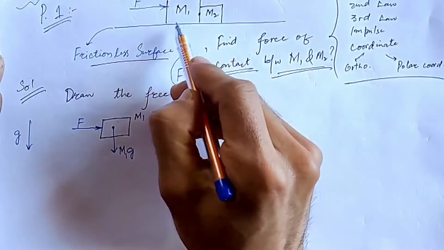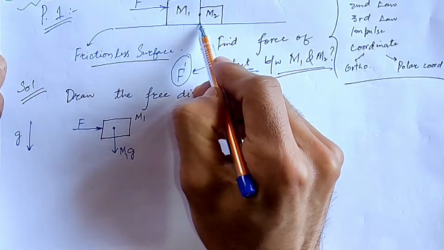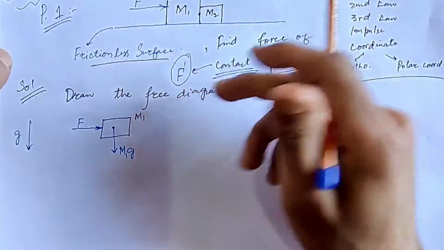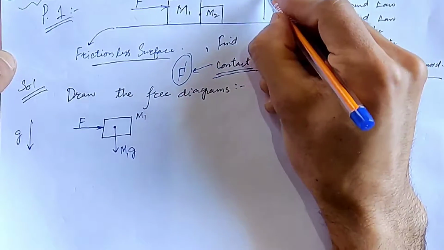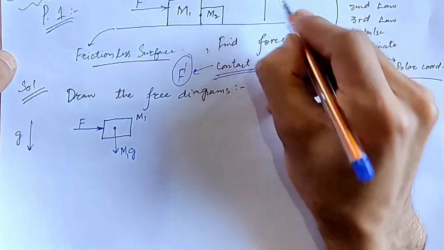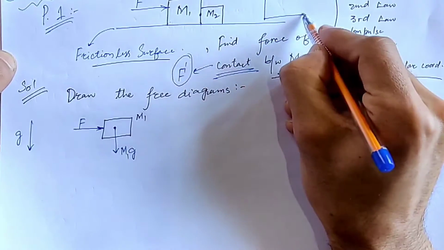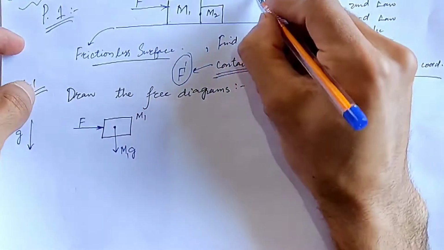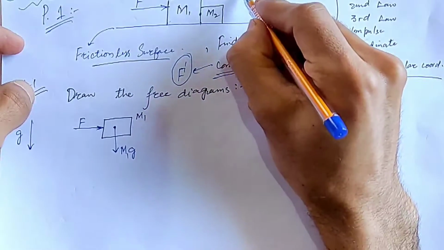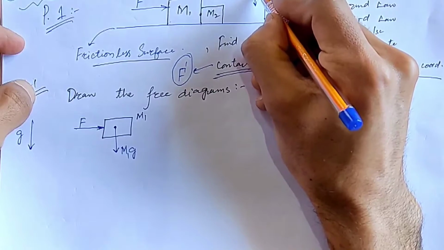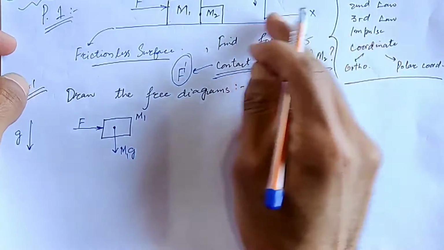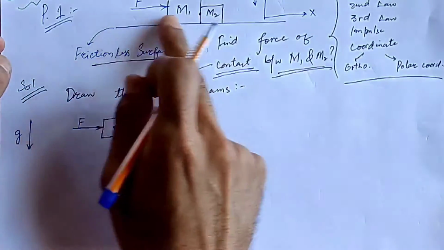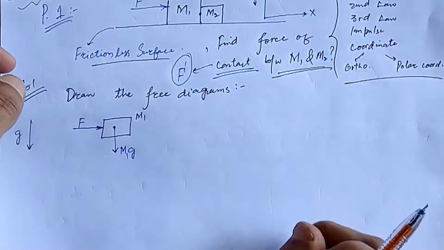But we see that this body is not set in motion in this direction. Say this is the y-axis, and this is the x-axis. Since no motion is in this direction, only the motion is seen in the horizontal direction, the x-axis.